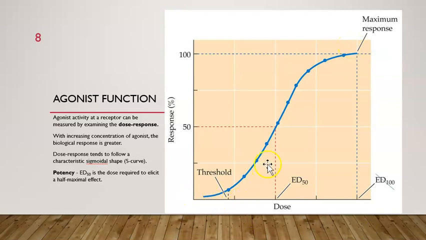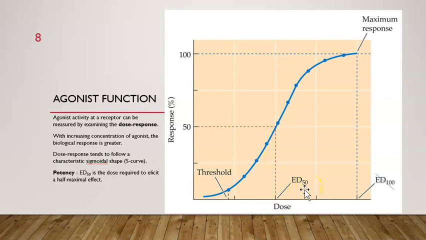Now, you'll notice that this is kind of an S shape. This is what we call an S curve or a sigmoidal shape. It's very distinct. Right here is about 50% response. That dose is labeled ED50.